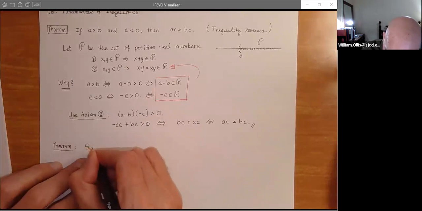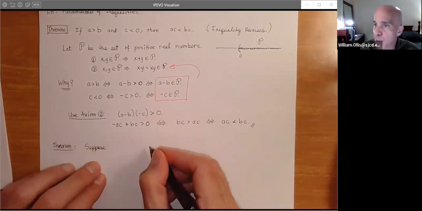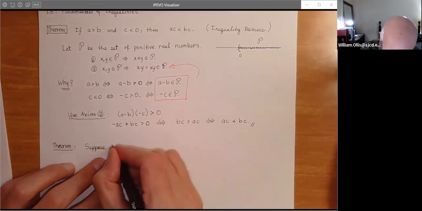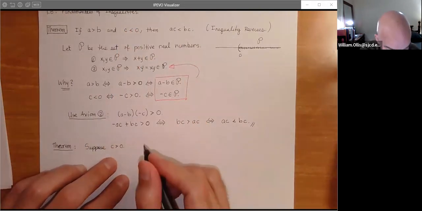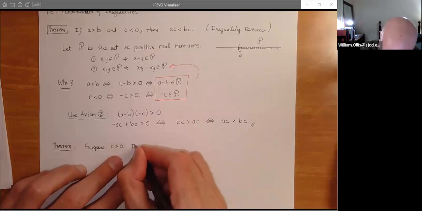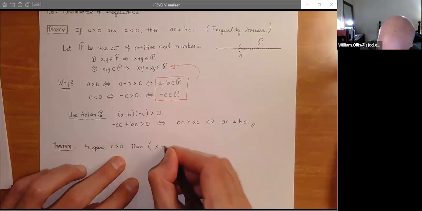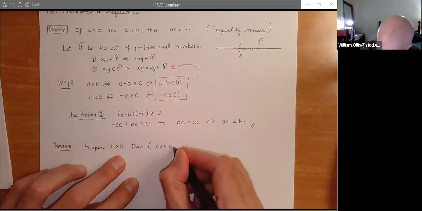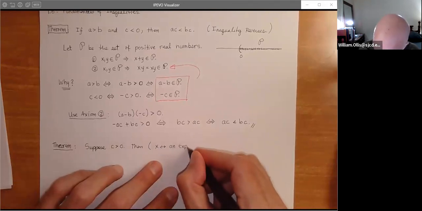We're going to start with the positive C like we had with the absolute value equality. So we're going to suppose that C is a positive number, and we're going to assume that X will correspond to an expression in X, like we do A and B with the identities.